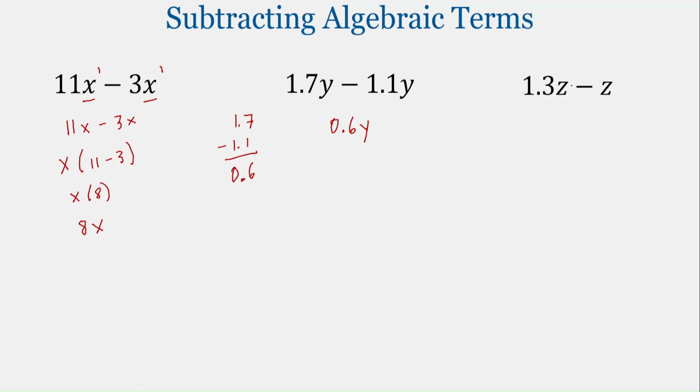Then here we have 1.3z minus z. Again, this is 1z. So we have 1.3 minus 1.0. Do subtraction. That's 3 minus 0 is 3, and 1 minus 1 is 0. So we have 0.3z.